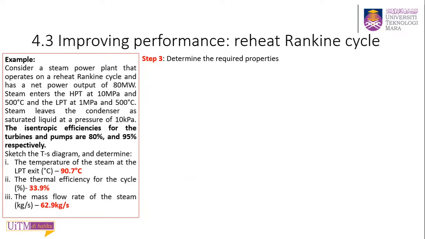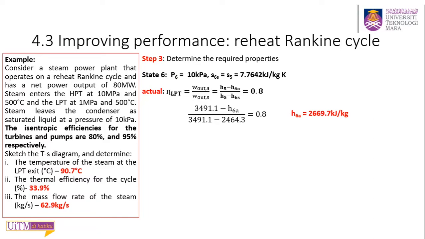Now, to find the actual specific enthalpy at state 6, we will use the isentropic efficiency equation at the low pressure turbine. Solving the equation, we can calculate the actual specific enthalpy at state 6.